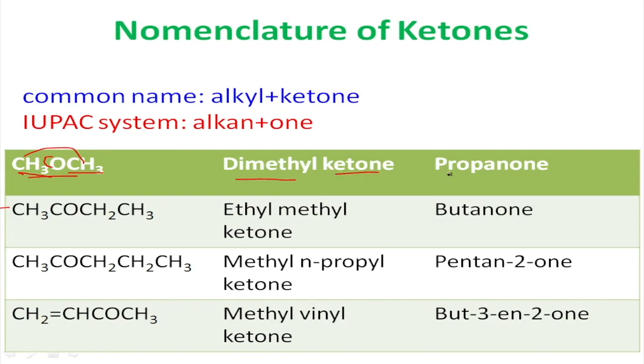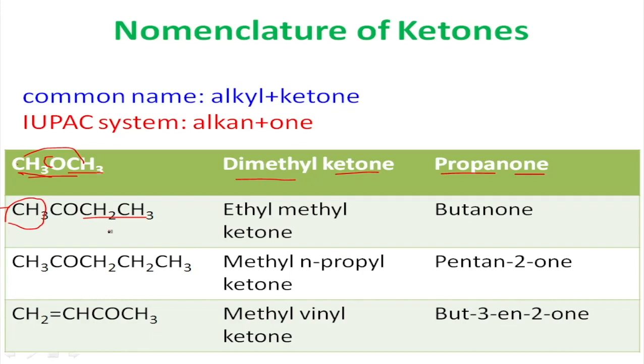For the IUPAC name, how many carbons? 1, 2, 3 carbons, so propane plus one gives propanone. Now this side is methyl, and the other side we pick CH3CH2, ethyl.